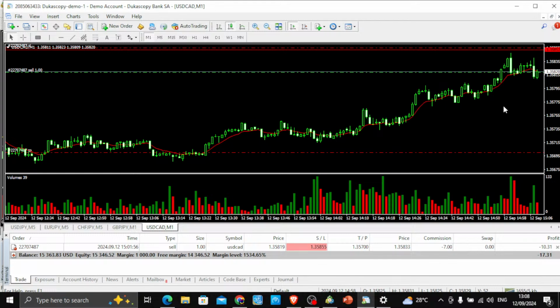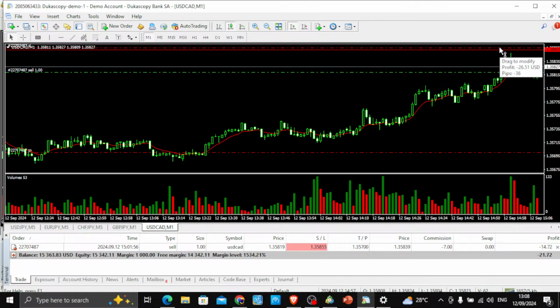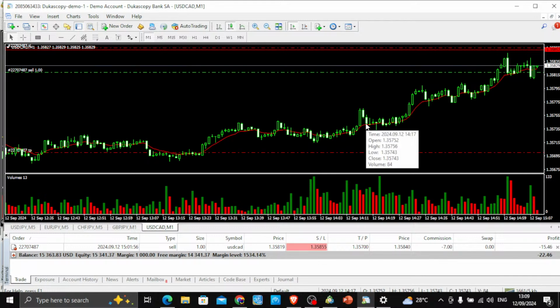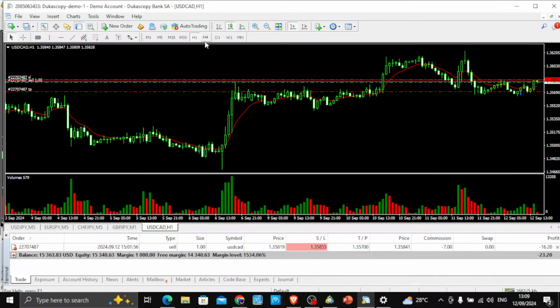If you lose, you lose. Okay, if you check what we are losing, we are risking only 3.6 pips now, which is negative $26.51, because I entered with one standard lot. So whatever happens, if it goes in our favor, it will give us more risk reward.